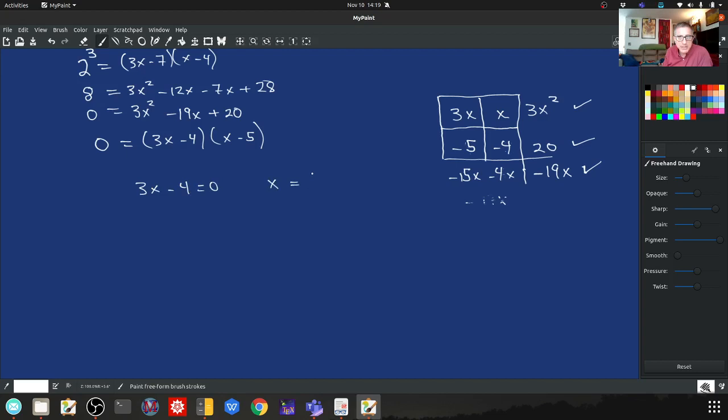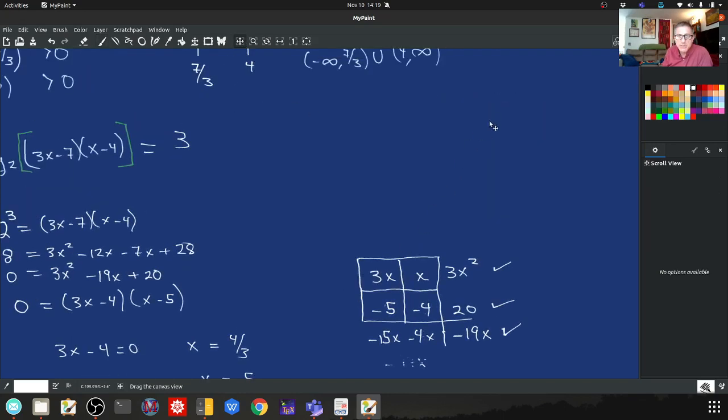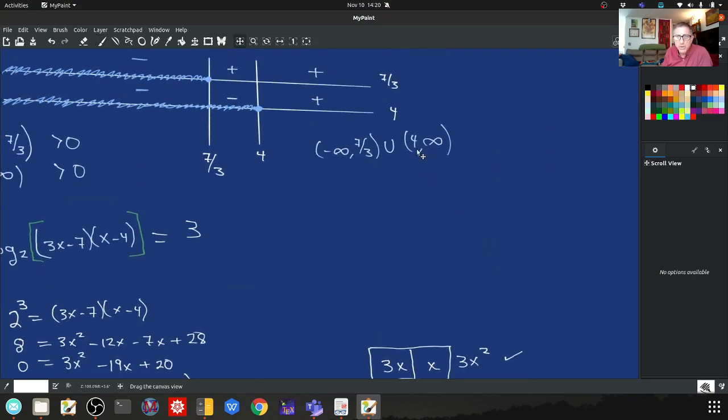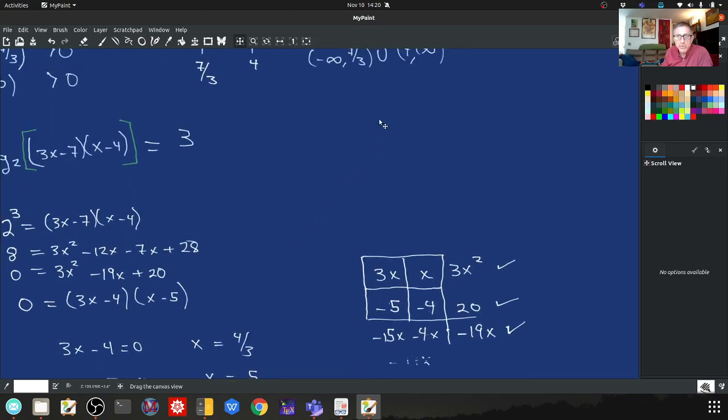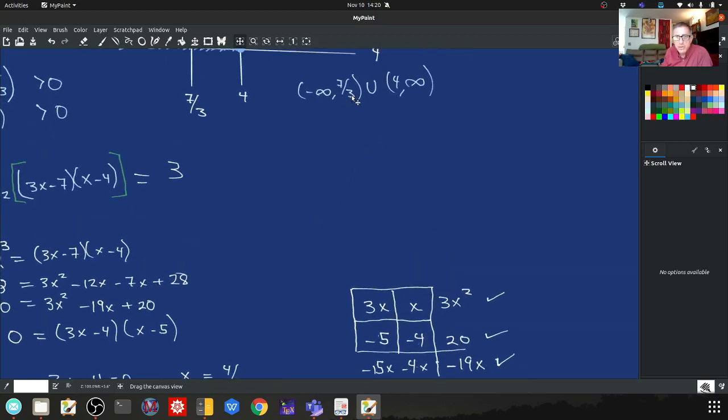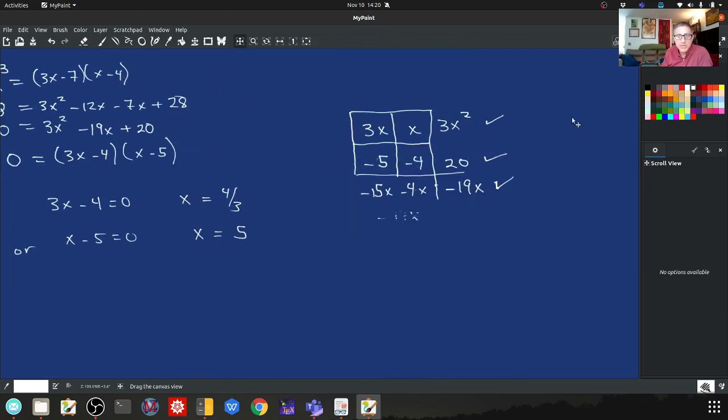That gives me x is equal to 4/3, or x minus 5 is equal to 0 gives me x is equal to 5. So what were my constraints? So 5 is definitely over here. 5 is greater than 4. And what about 4/3? Is 4/3 less than 7/3?